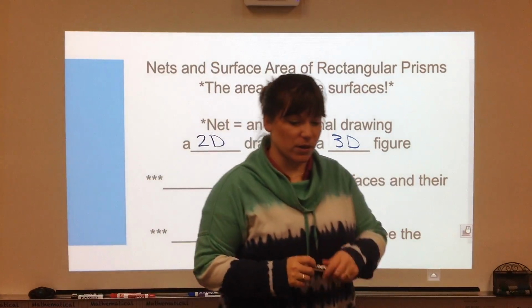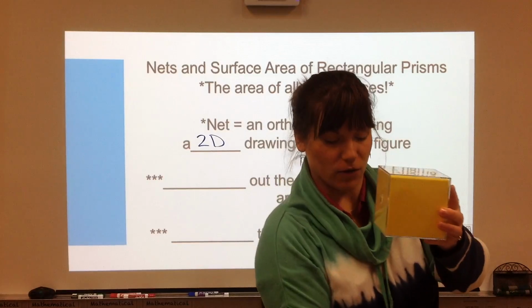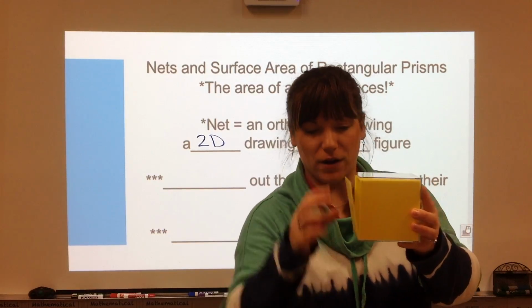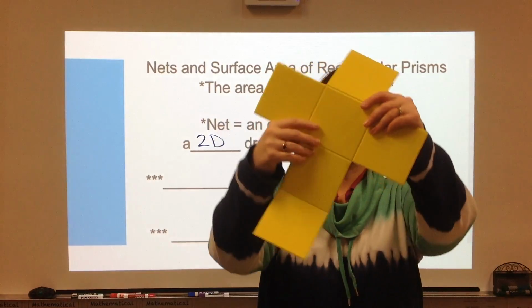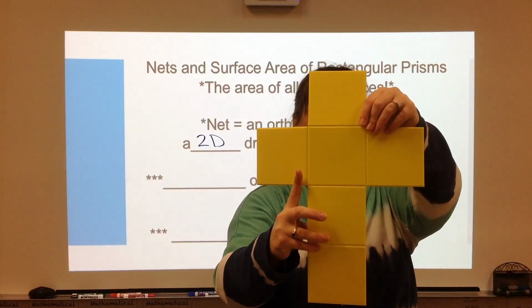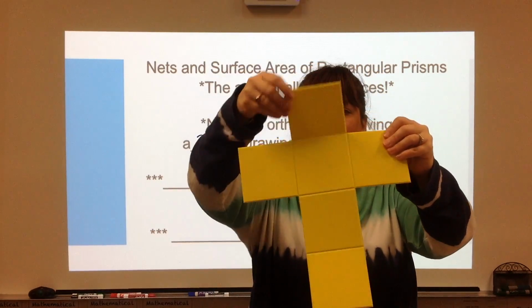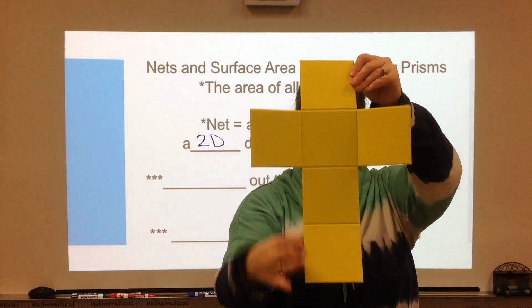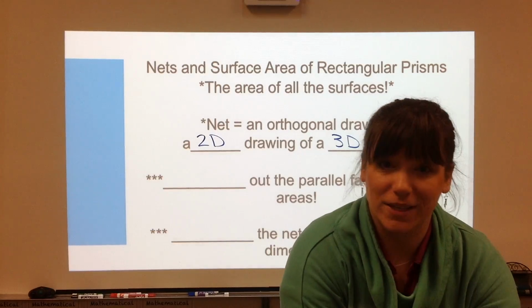If we were to have this shape broken down and drawn out, we would have something like this. Obviously, this is only one way to show the net. You could take these ends and put them up attached to this one, or this one, or this one. Hopefully you have that knowledge from what we did in class.